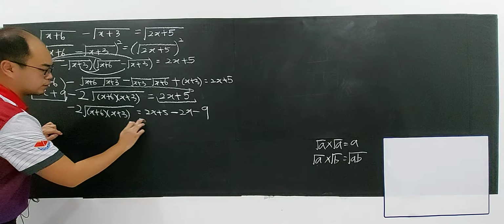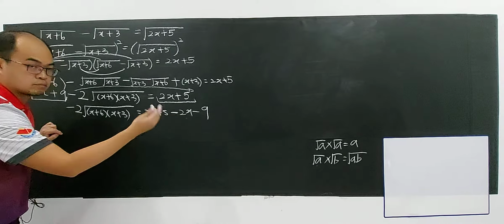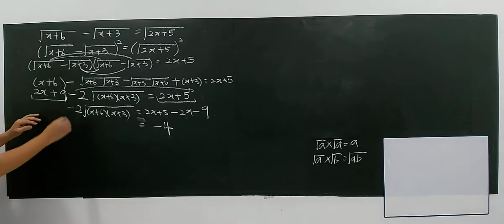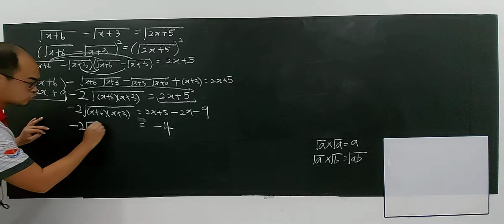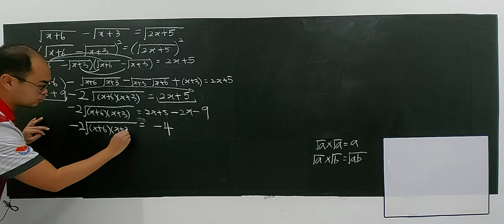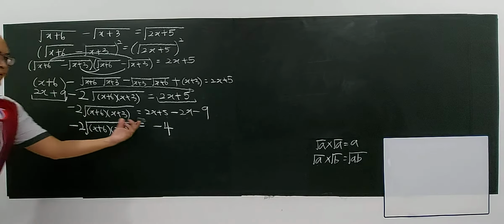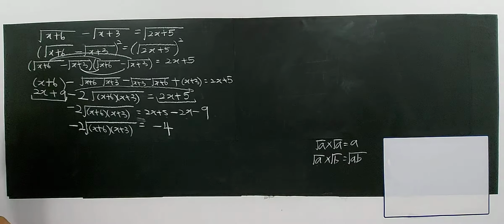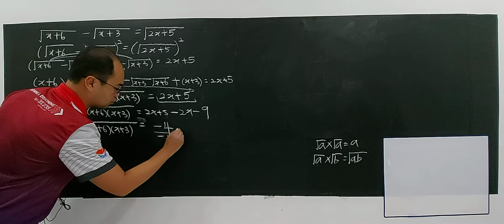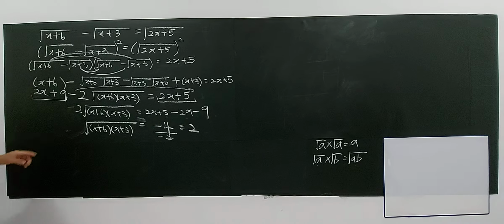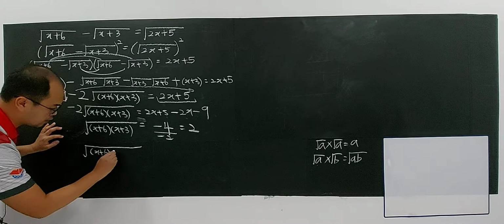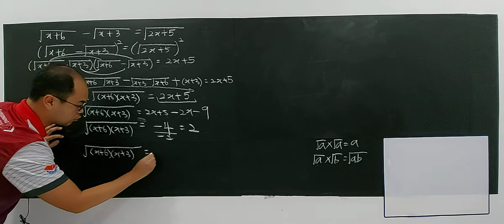Then you have 2x minus 2x, no more x. 5 minus 9, you have negative 4, right? And for this one, you have negative 2 square root of x plus 6, x plus 3. So you take negative 4, divide by negative 2, which gives you 2. Finally, you have the square root of x plus 6, x plus 3 equals 2.